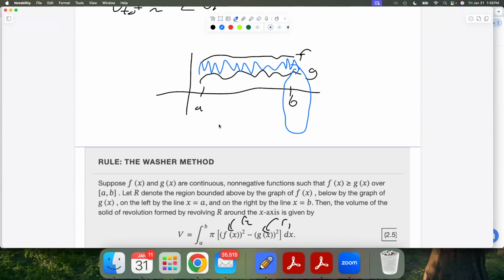And the way we're going to find the volume is by building up these little washers. So I'll pick some x value here, and I'm going to have some little rectangle here. So that thickness there is some delta x that gets rotated around. So imagine just that little rectangle getting rotated around. I'll draw him over here. There'll be some outer radius and some inner radius.